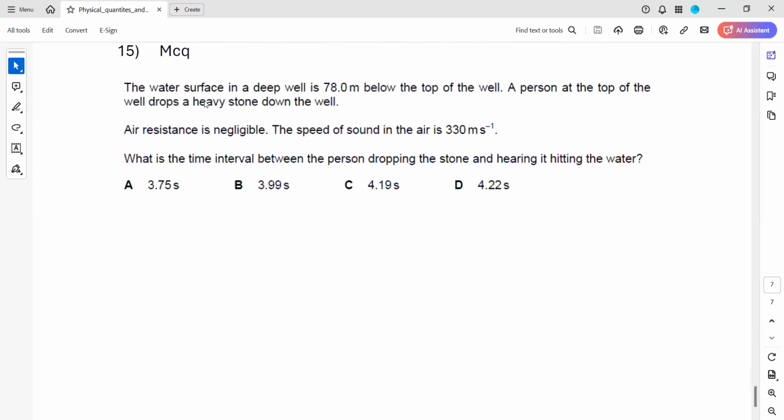In this question, the water surface in a deep well is 78 meter below. So example, there's a deep well and the water surface is 78 meter below this.